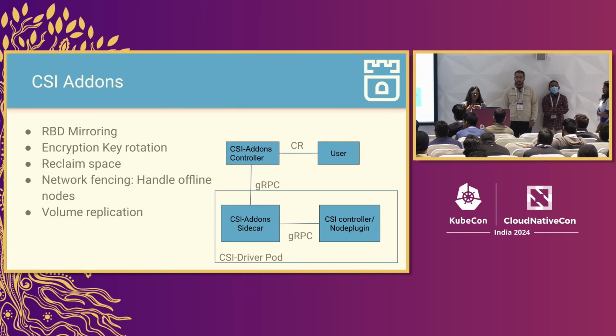This is mostly for node loss scenarios where the node is lost. In that case, we can use the command Ceph OSD blocklist and pass the IP range we want to blocklist, so that the watcher will be free to mount the RBD image to the new node. That is about network fencing.